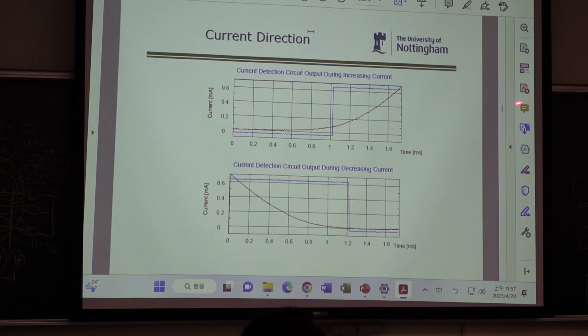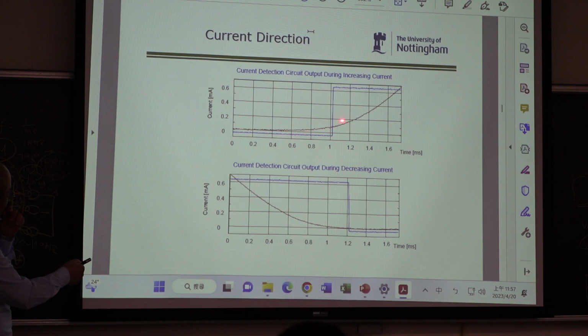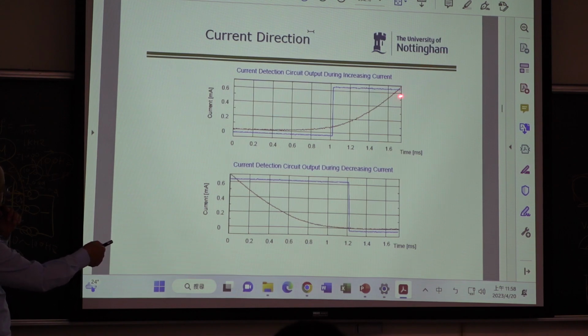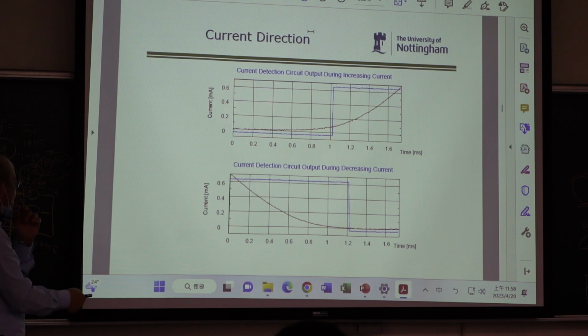So they just measure the voltage. So you can see the current detection. If the current goes this way, it is 0. At 0 we don't know whether it is turned on or turned off. But if the current increases to 0.6 milliampere, then we know the device is turned on. So it is very sensitive, 0.6.